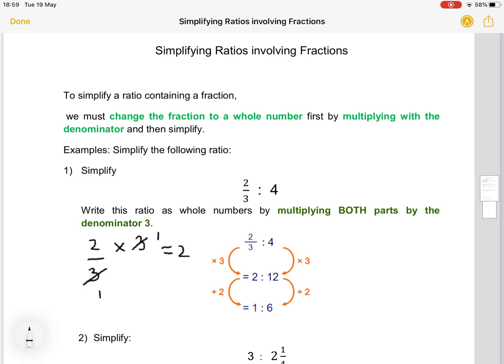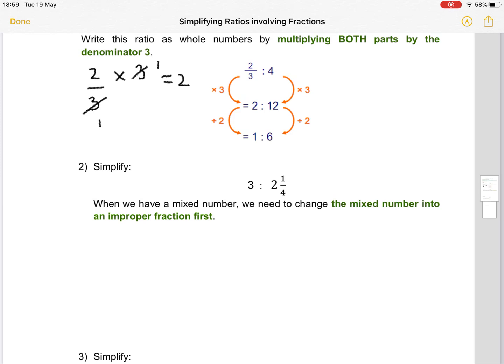If I multiply the second part of the ratio by 3, 4 times 3 is 12. So I end up with the ratio 2:12, but 2:12 can be simplified, okay? It can be divided by 2. 2 divided by 2 is 1. 12 divided by 2 is 6. So the answer, 1:6, is the answer because it cannot be simplified further, okay?